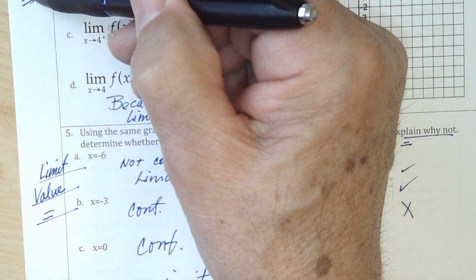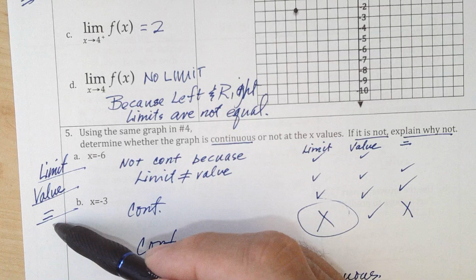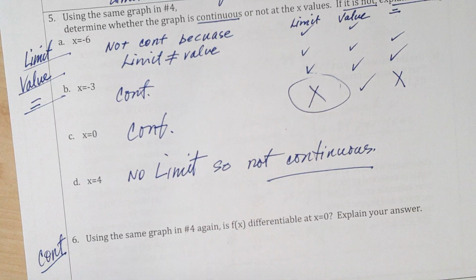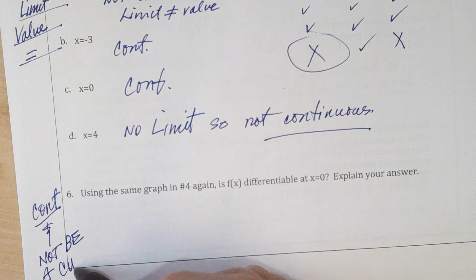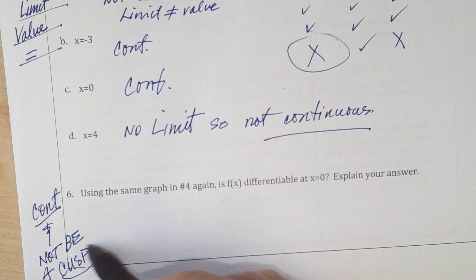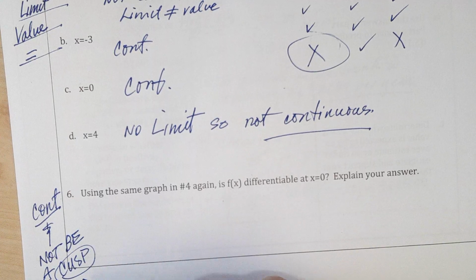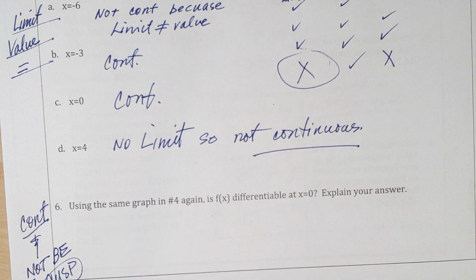So all these have to happen to be continuous. And it must not be a cusp, a point. Can't be pointy. Can't have a sharp bend.